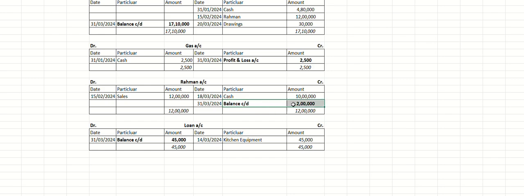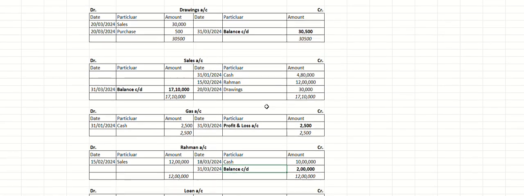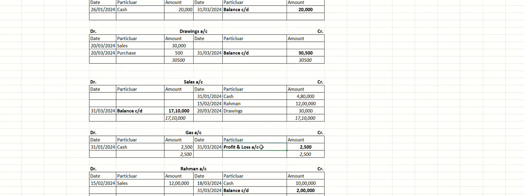Balance carried down is written only where we will consider that amount for the next year, like assets and liabilities. Basically, if it is an asset or a liability, we will take it to the next year. But if it is an expense or an income, it pertains to just 1 year. So we will take it to profit and loss account, not balance carried down.